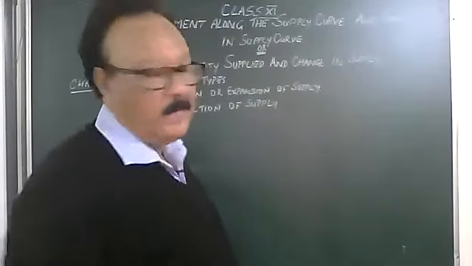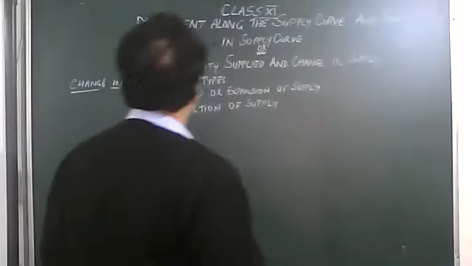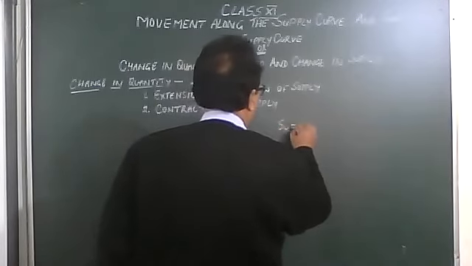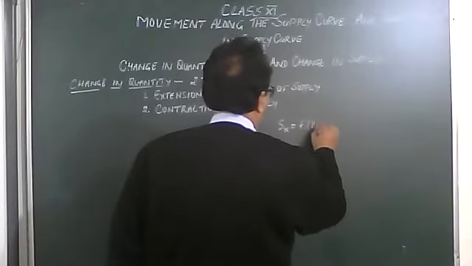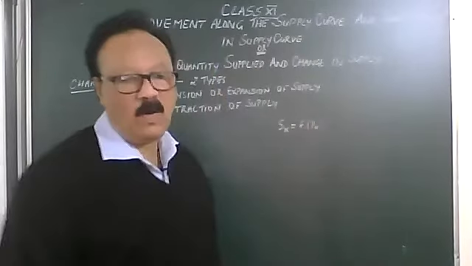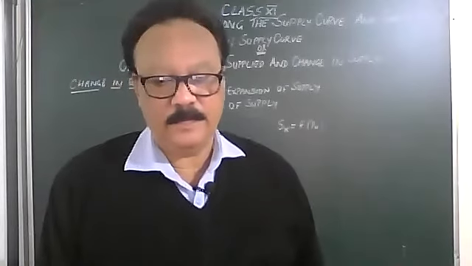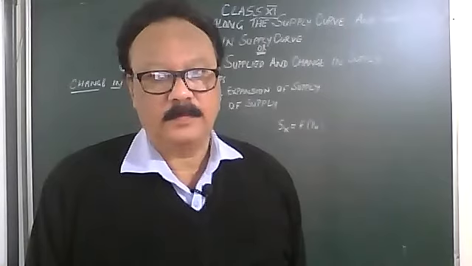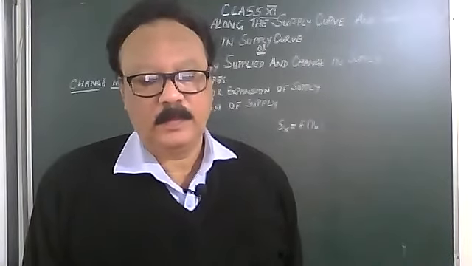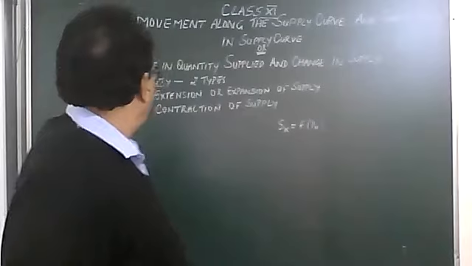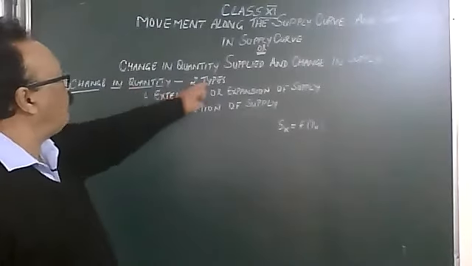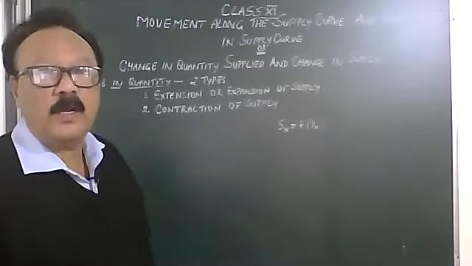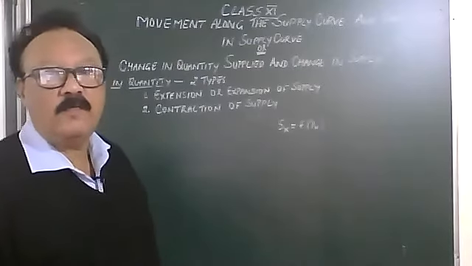Symbolically, it can be written as: the supply for commodity X depends on the price of its good. Now the change in quantity supplied is of two types.